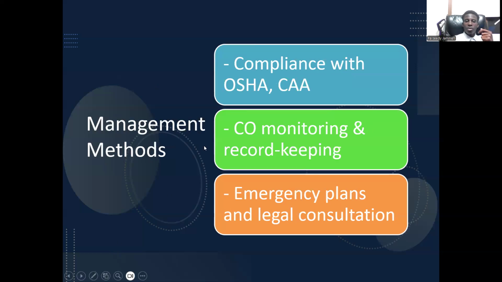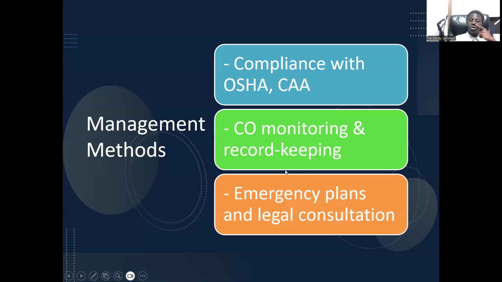And then we also have the management methods, which are also applicable at the workplace, where the employer needs to make sure that they are in compliance with the Occupational Health and Safety Act, and in alignment with the Clean Air Act also. They must also install carbon monoxide monitoring systems to make sure that it is recorded.